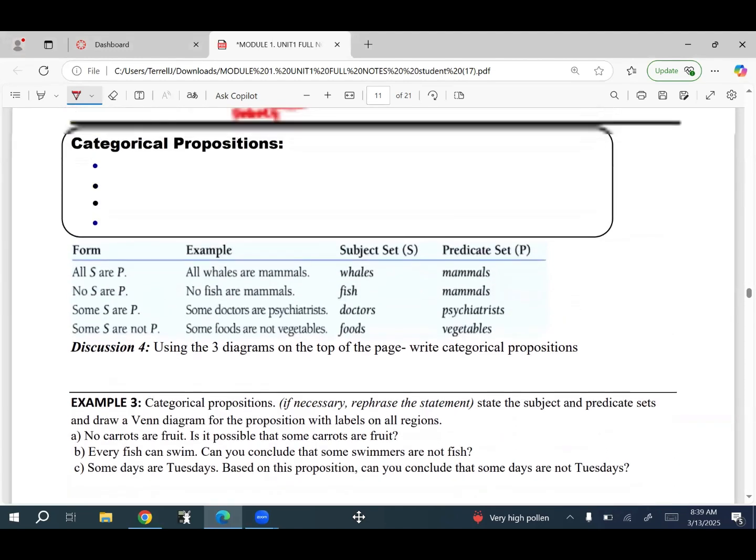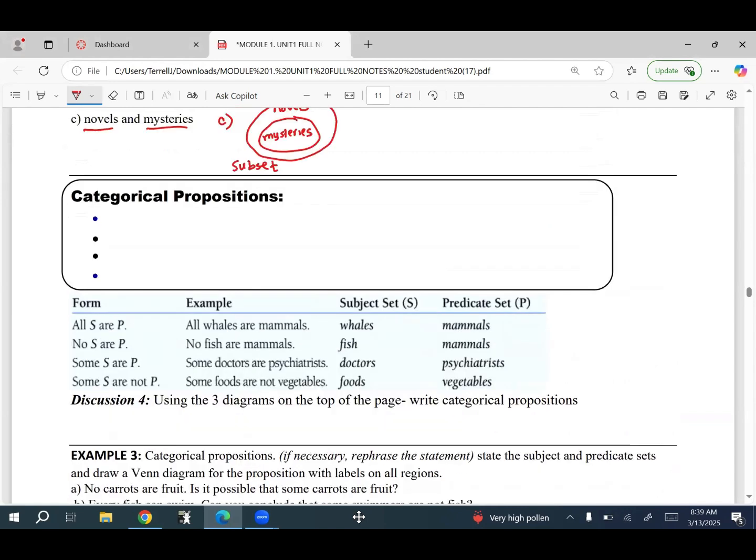Okay, so now we want to direct our attention to categorical propositions. So a categorical proposition is a claim of a relationship between two sets. So we usually have two sets.